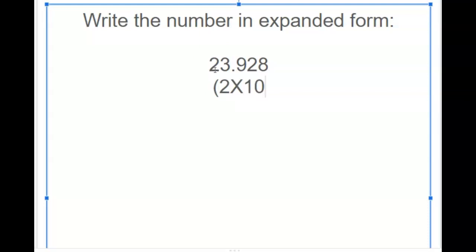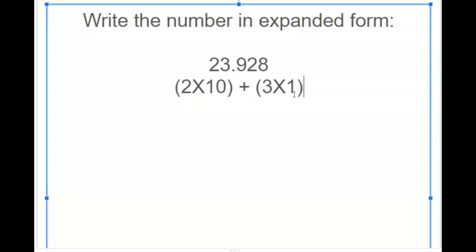So the first one will be 2 times 10, and then we're going to add the next place value, which is the 3. So I'm going to open parentheses, and the 3 is our number, and then we multiply it by the place value. In this case, the place value where the 3 is, is the ones. So I'm going to multiply it by 1.